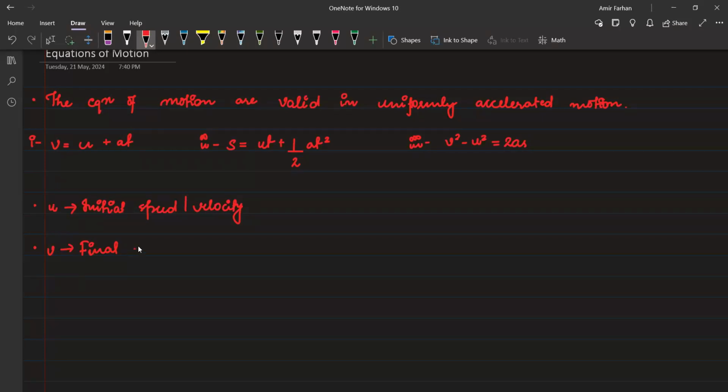Next is t. So t is the time taken to cover the distance. Yes or no, everyone? Time taken. Okay. a is the acceleration.